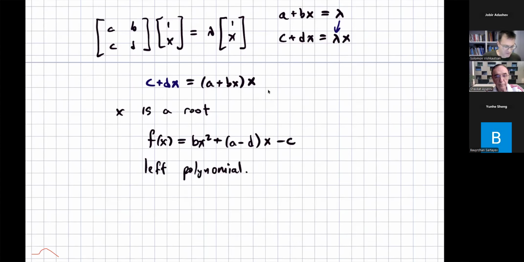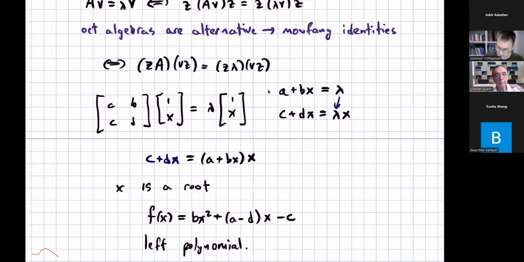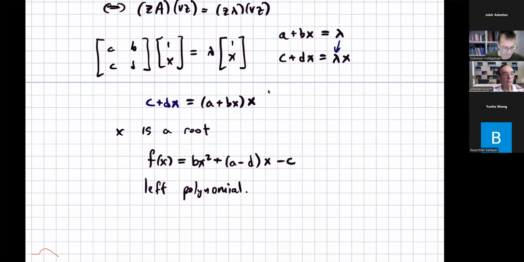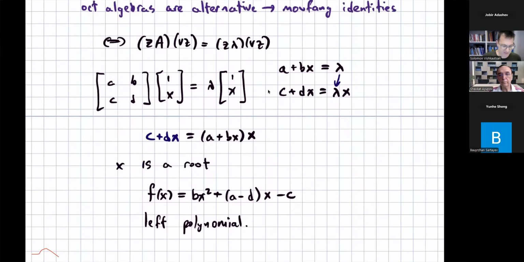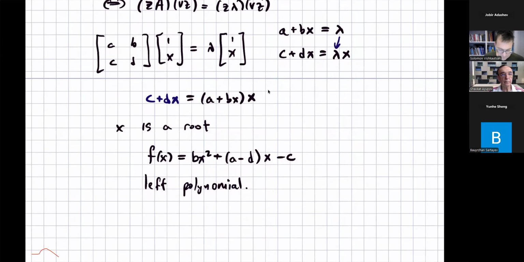And we also have a condition on lambda. I mean, we can recover lambda from the first equation from x. Okay, so we find the root of this polynomial, and then we can recover our lambda.